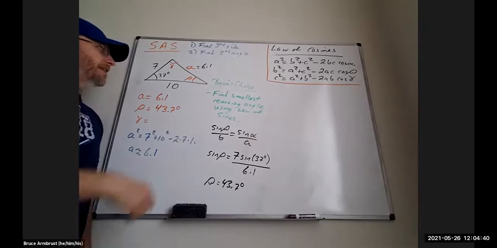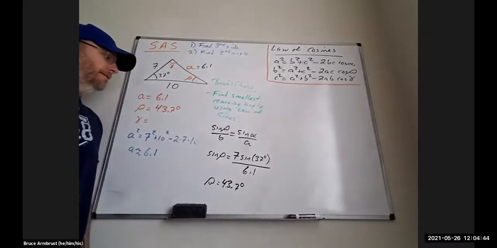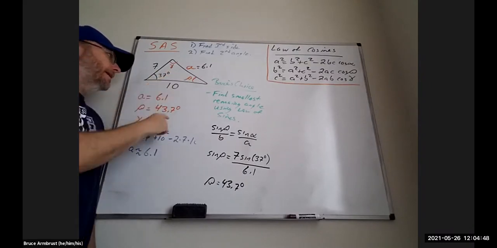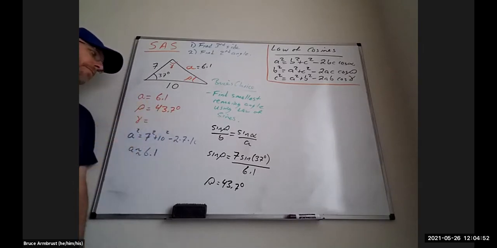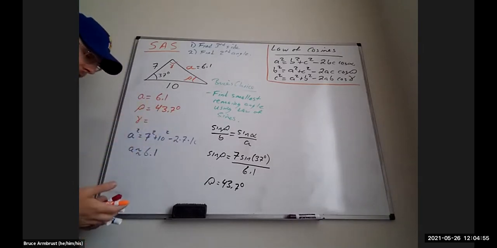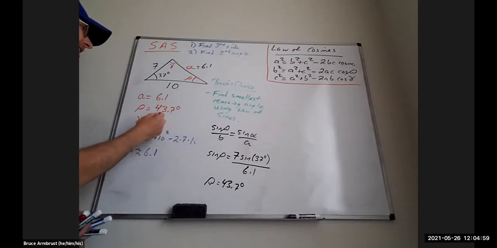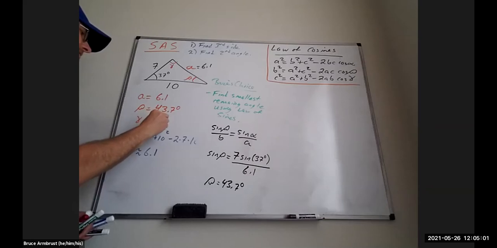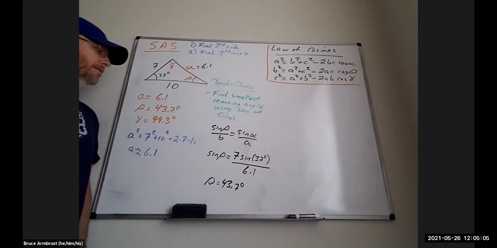I'm just going to use the fact that these angles, these three, all add up to 180. And so I take my 180, I subtract 37, I subtract 43.7. And you should get 99.3, I believe, for this one.